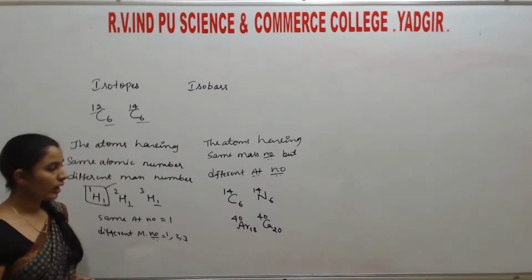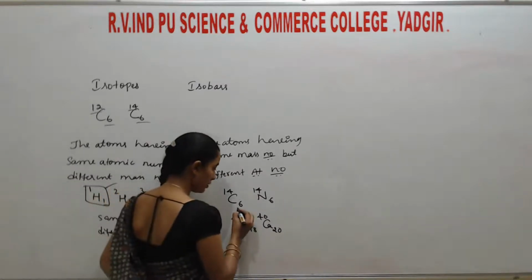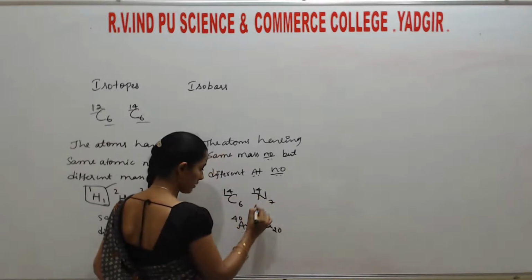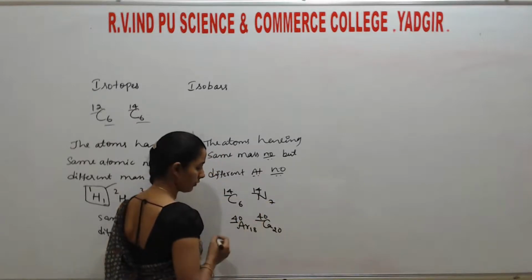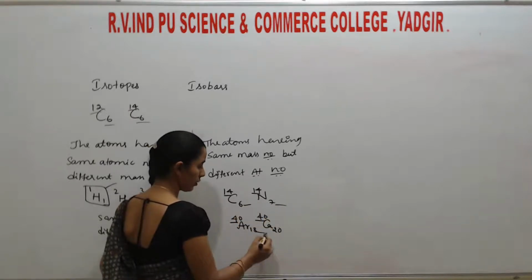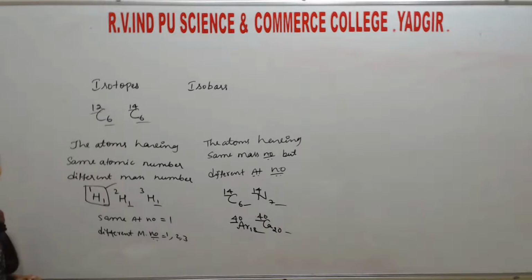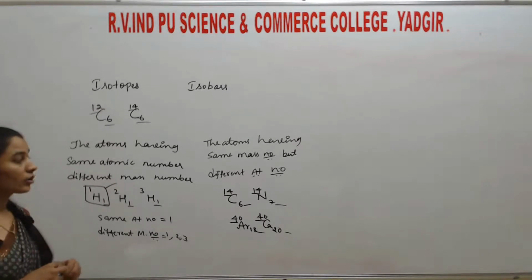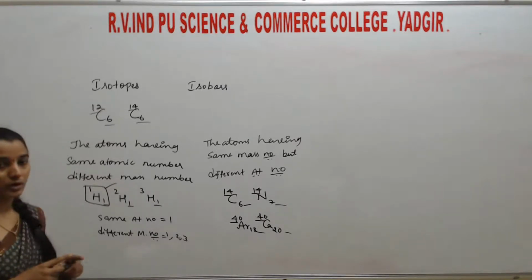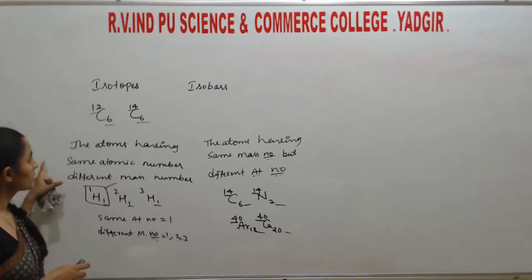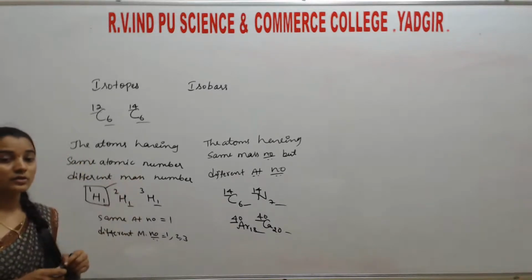These are isobars. Here they have the same mass number, 14, 14 and 40, 40, but different atomic numbers. So the atoms having the same mass number and different atomic numbers are called as what? Isobars.